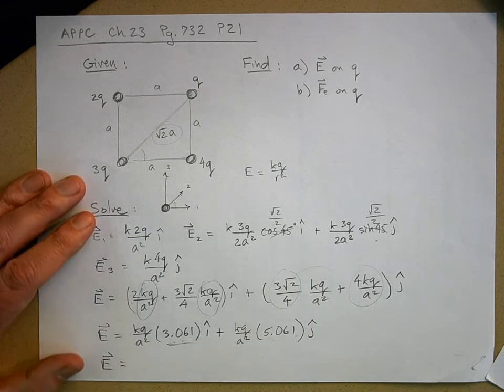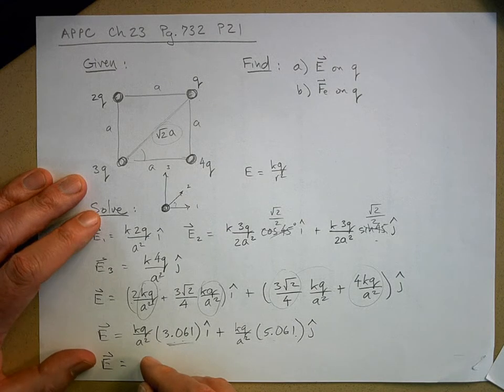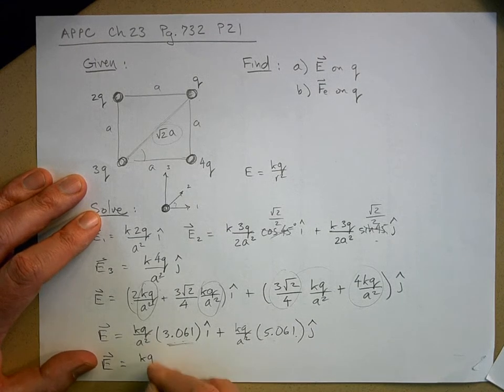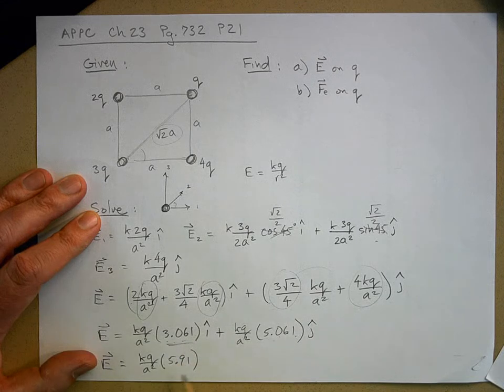But what you get is kq over a squared times 5.91. I mean, when you take this squared plus this squared, take the square root, you get 5.91.